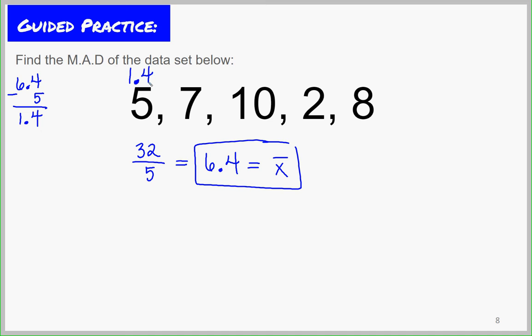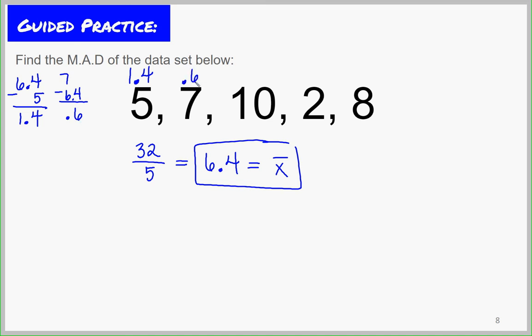So then the next one, so I don't have to deal with the negatives, I'm just going to take the larger number and subtract the smaller number. I'm going to do 7 minus 6.4, which is 0.6. Here is where the decimals can kind of get you a little bit.